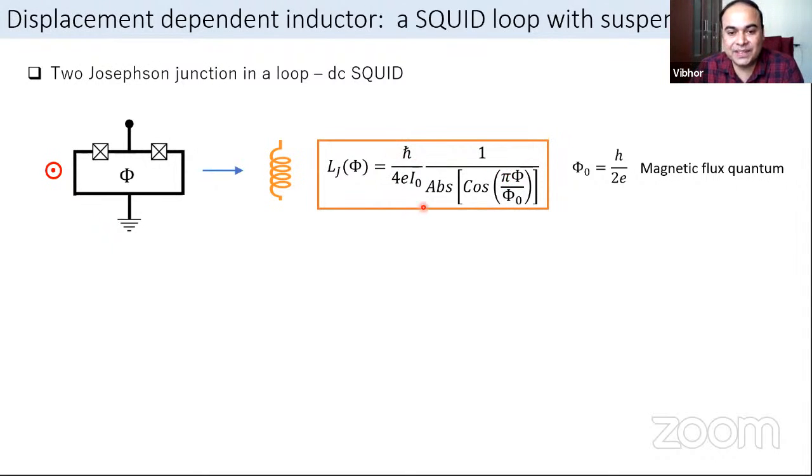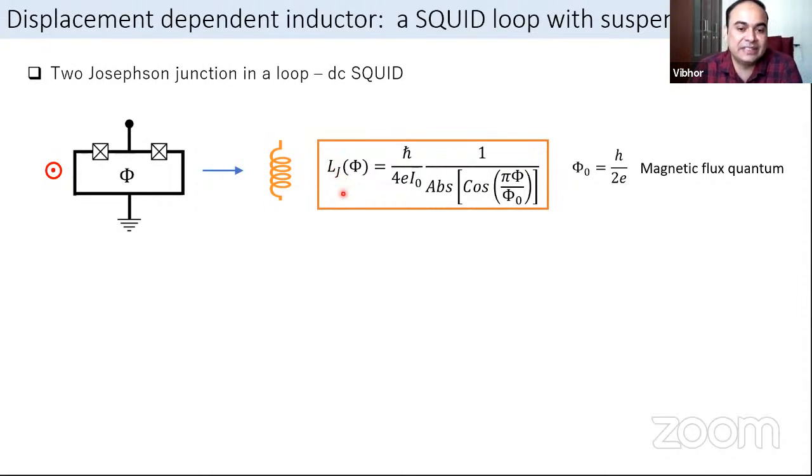What you can notice here, so maybe a few points, the I naught here is the critical current of each junction, and phi is the flux which is threaded by the SQUID loop, and phi naught is the magnetic flux quantum. Okay, so what you notice in this expression is that we have a situation where the inductance of such a loop is anharmonic. What I mean by that, typically when you consider a linear inductor, Lj is just a parameter of geometry, the shape of the conducting loop.